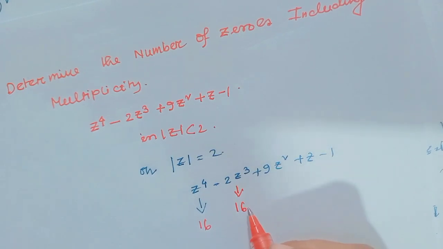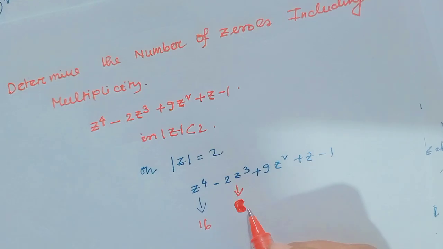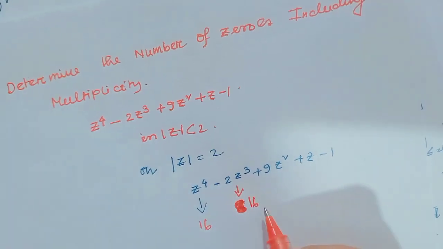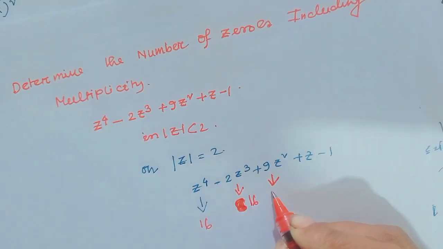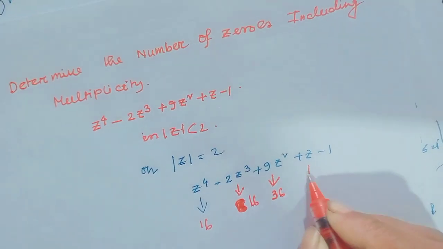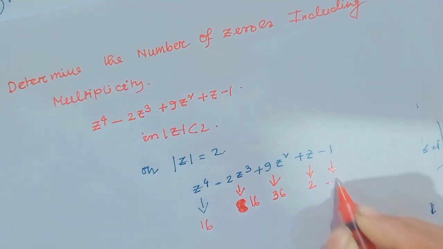Minus 2z cube, this value also 16. Sorry, this z cube. 9z square means 4 times 9, 36. This is 2 and this is minus 1.